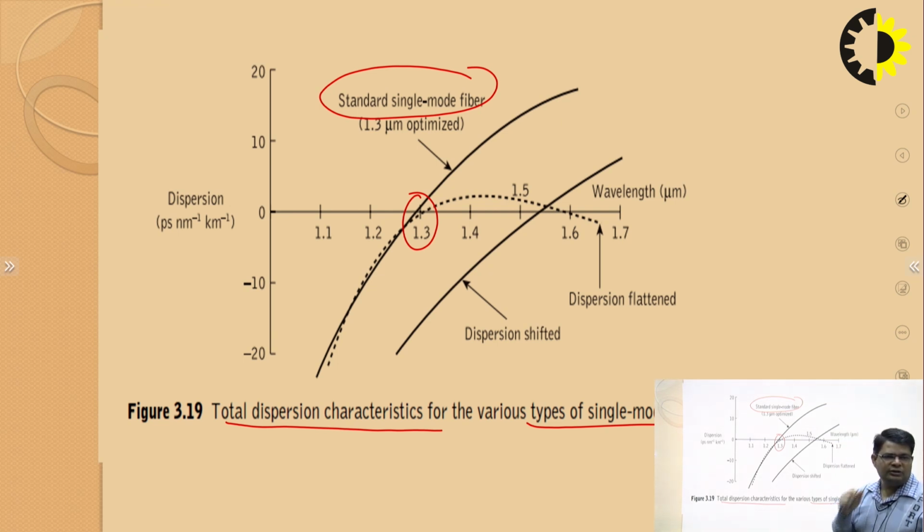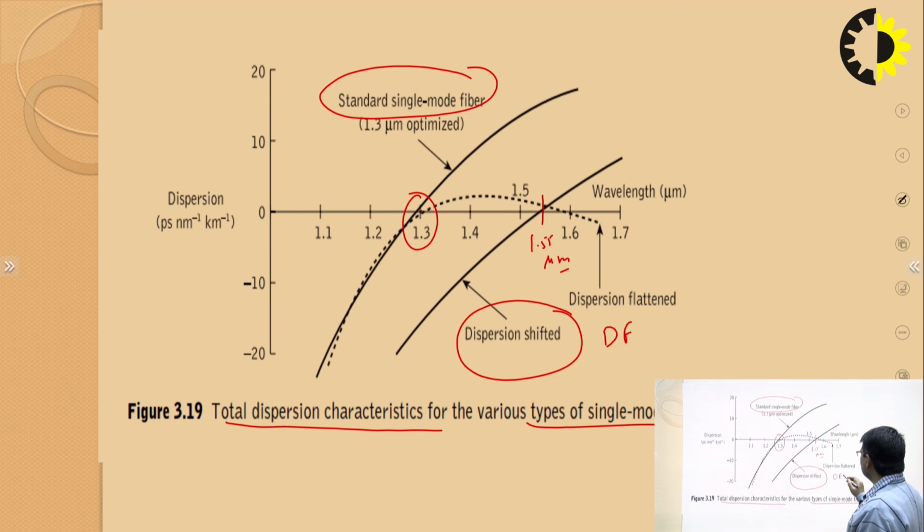Then this zero dispersion point is shifted from 1.3 to around 1.55 micrometer. So this type of fiber is known as the dispersion shifted fiber, DSF.